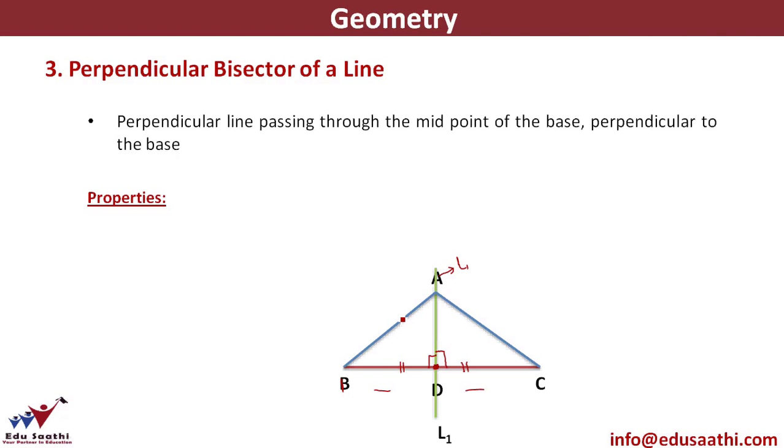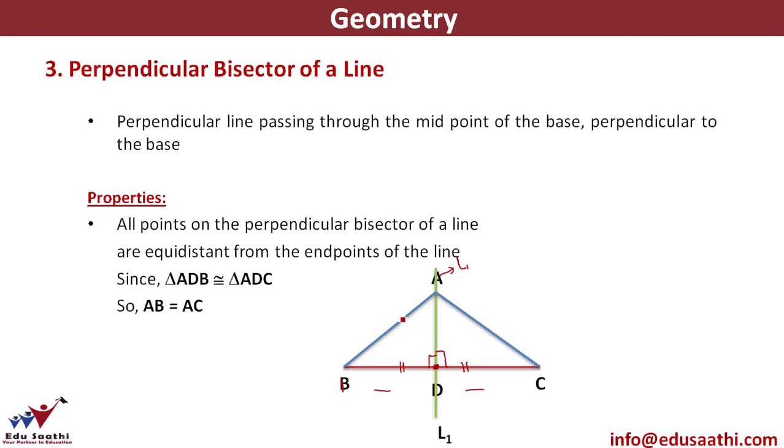The property of the perpendicular bisector is that all the points on the perpendicular bisector of a line are equidistant from the end points of the line. So if I take any point on the perpendicular bisector, let me take this point A, such a point is equidistant from the end points of the line. The end points of the line are B and C. So AB will be equal to AC.